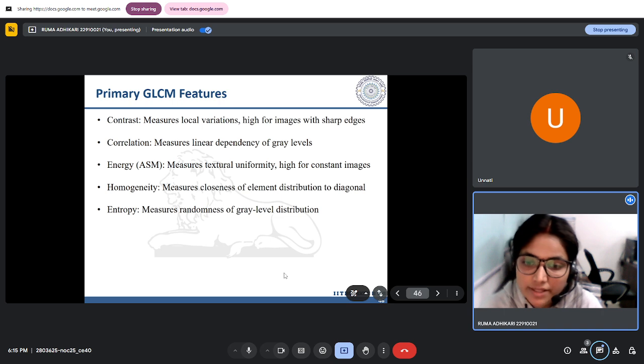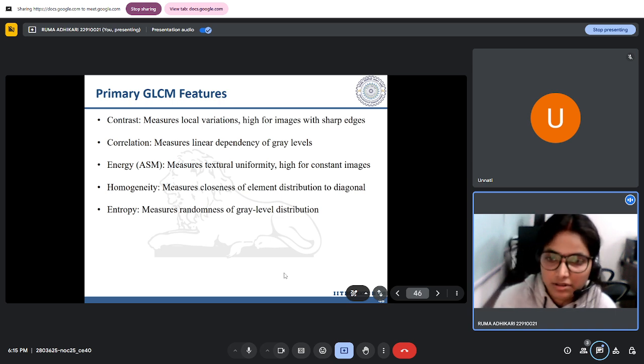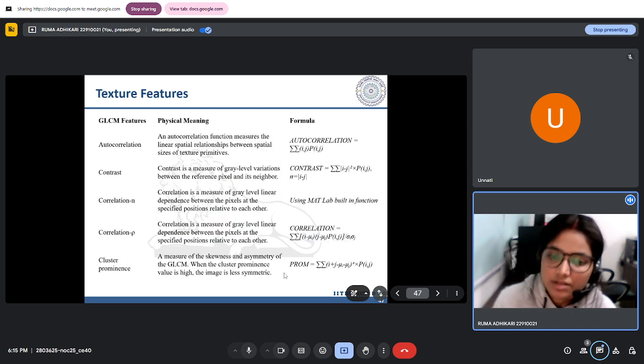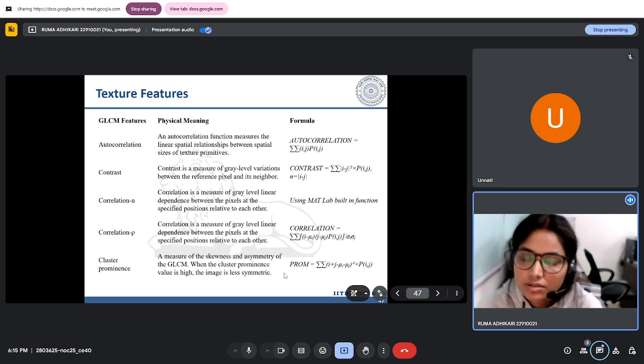So how do we measure that mathematically? It has equations. There are so many; I have mentioned only a few that are relevant to our scope. So how will we calculate contrast, correlation, and other types such as cluster prominence?